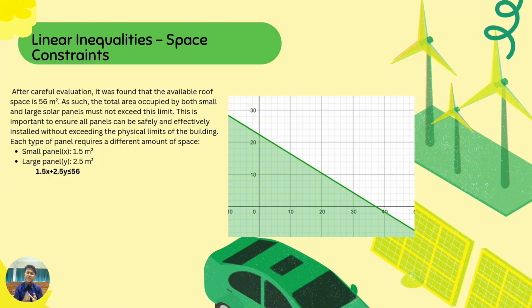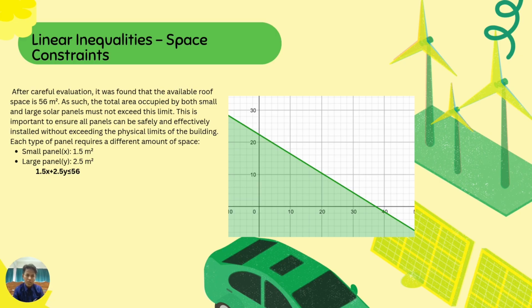Okay, for the space constraint, after a careful evaluation, it was found that the available roof space is 56 meters squared. As such, the total area occupied by both small and large solar panels must not exceed this limit.